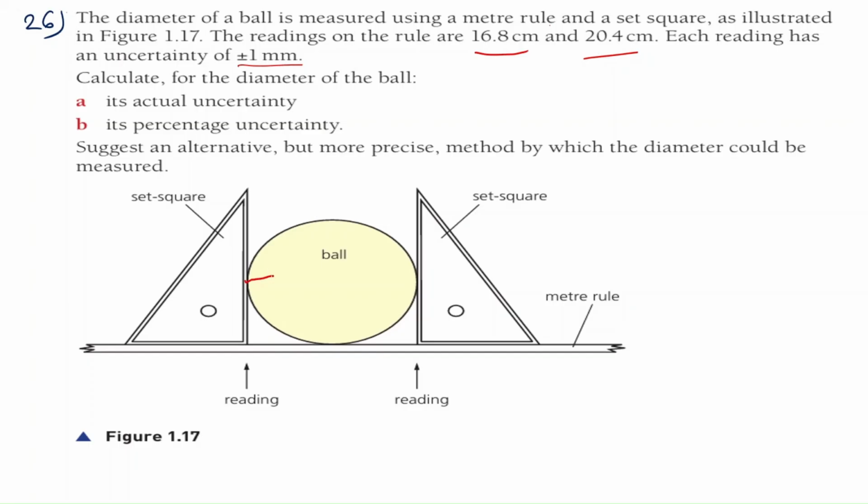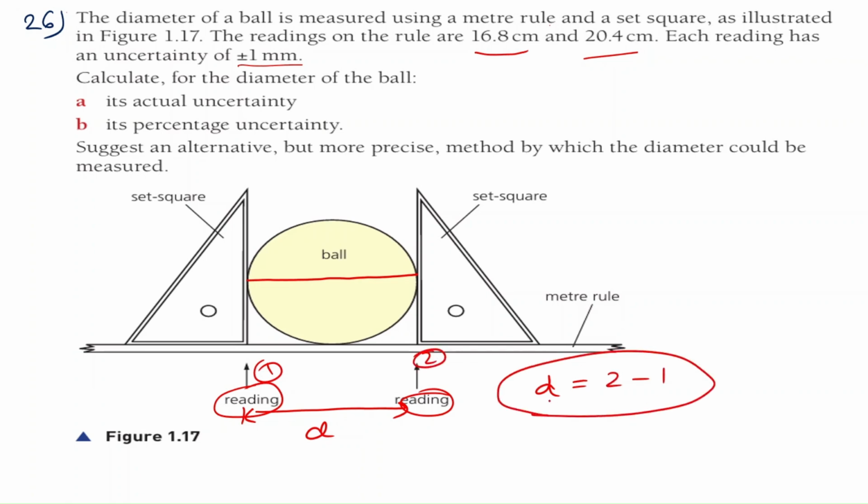They show a figure here, and we have to measure the diameter of the ball. The diameter of the ball is about like this, from this to this. This is the actual diameter. Now, they take a reading from here and from here, so you take the second reading minus the first, and you will get the diameter.